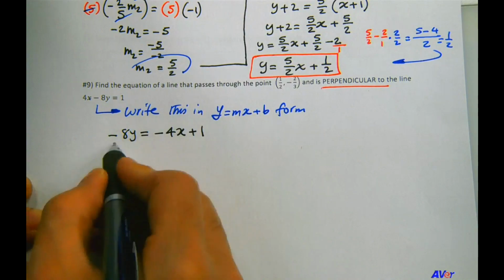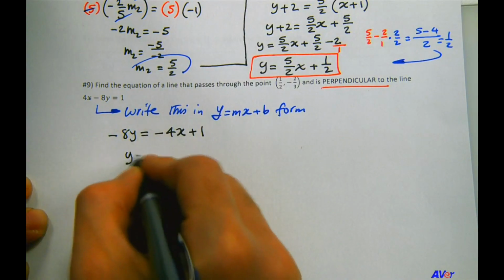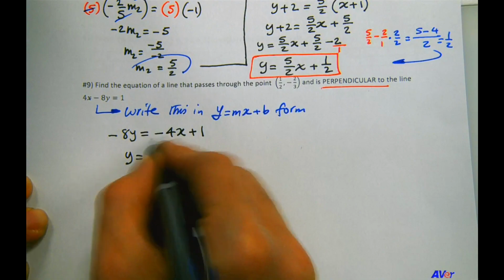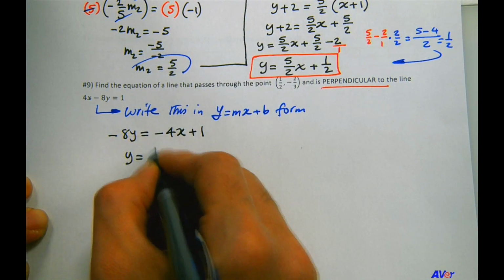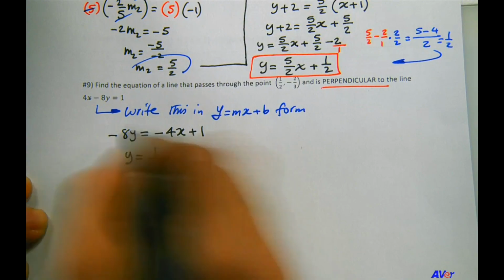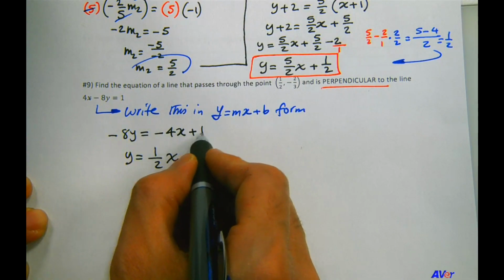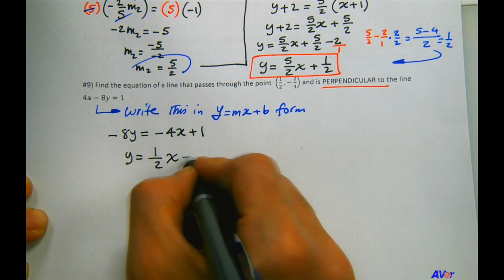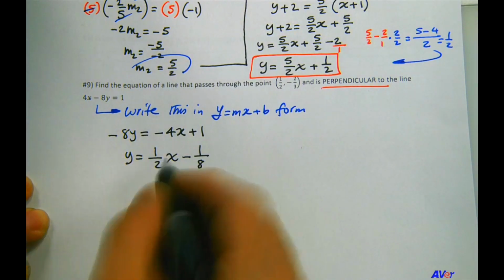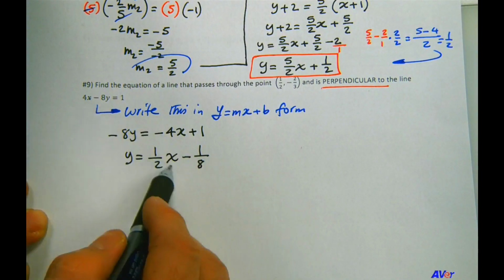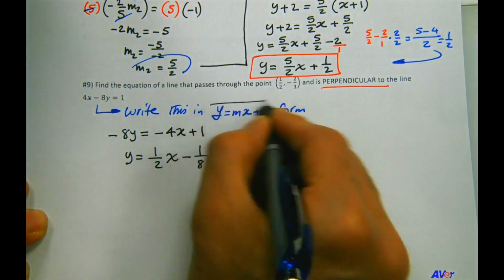Divide both sides by negative 8. We end up with minus 4 divided by minus 8, which is positive 1 half x. 1 divided by negative 8 is minus 1 over 8. Okay, so that's that equation written in this form.